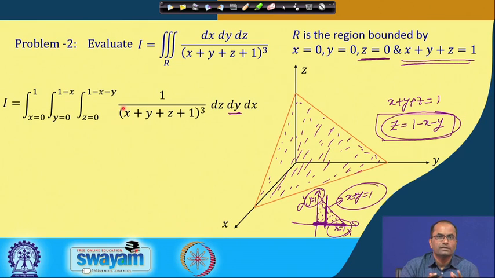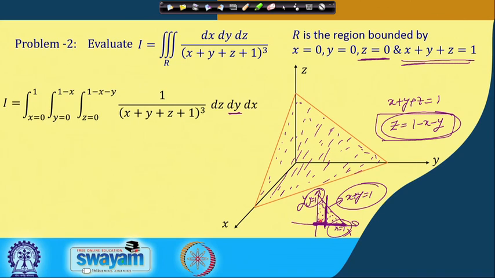Once we have fixed the limits for z, we can project our domain of integration to the xy plane, because for z we have fixed already. While projecting this volume to the xy plane, we will get this triangle, nothing else but this triangle, which cuts at x is equal to 1 and at y is equal to 1 along the x and y axes.